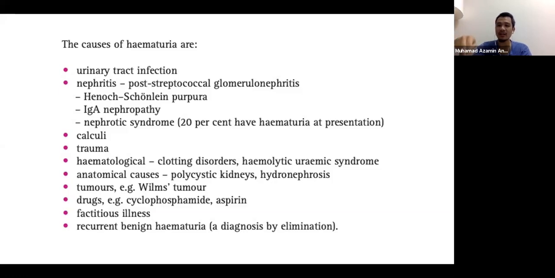They use their child as a proxy to attract attention. So in this case, let's say the mother of Farah or Fiona has a mental illness. What she might do is take the urine from the child and add blood from a chicken or fish and so on.